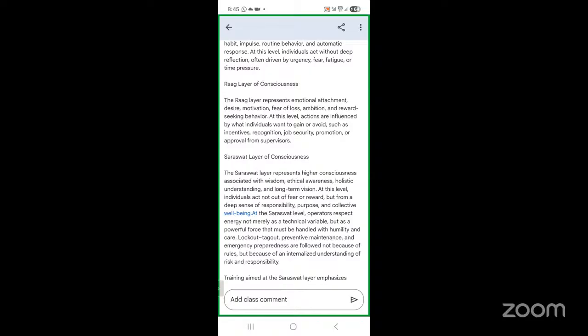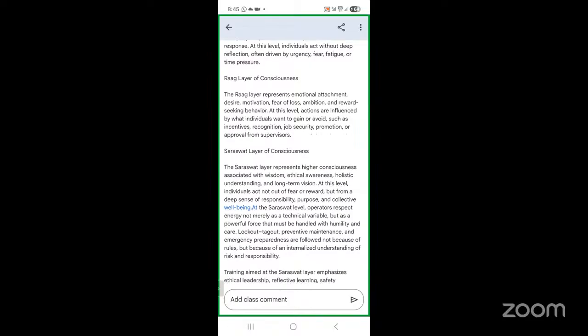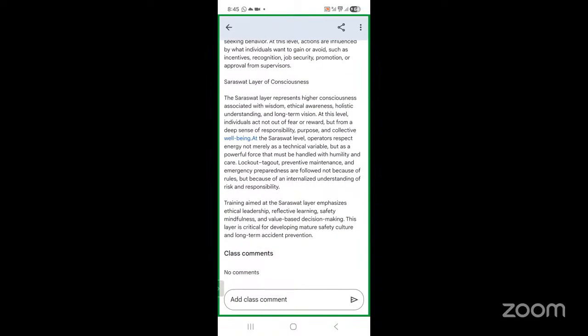Lockout, tagout, preventive maintenance, and emergency preparedness are followed not because of rules, but because of an internalized understanding of risk and responsibility. Training aimed at the Saraswat layer emphasizes ethical leadership, reflective learning, safety mindfulness, and value-based decision making. This layer is critical for developing a mature safety culture and long-term accident prevention.